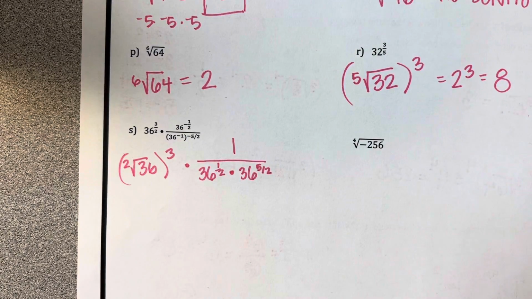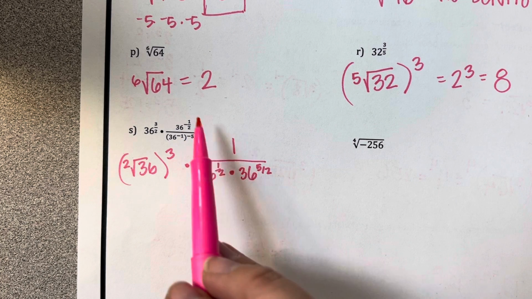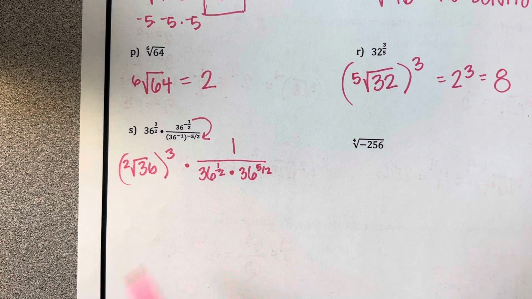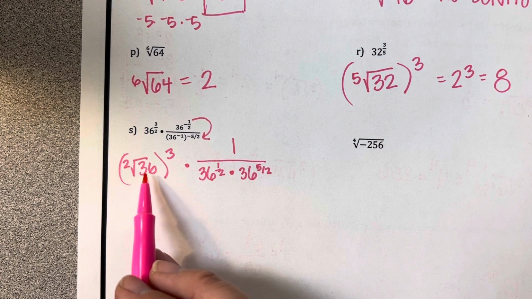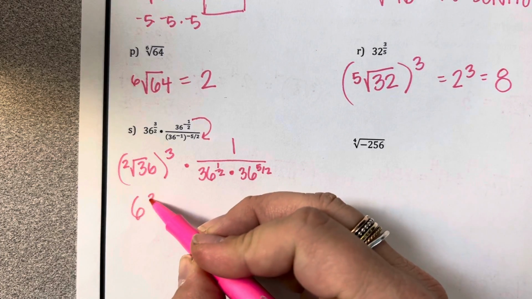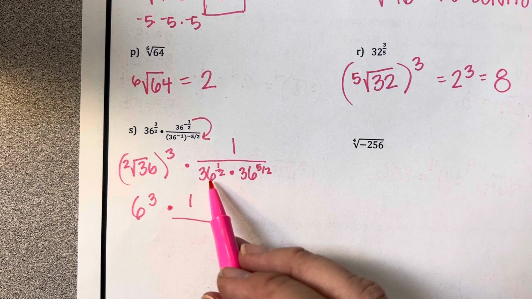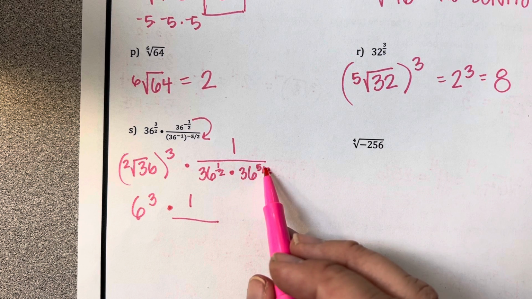You guys get that? Negative times negative is positive. This guy came down here because he had a negative exponent. So now the square root of 36 is 6. So I have 6 to the third times 1 over, and then I have 36 to the 1/2 times 36 to the 5 over 2.